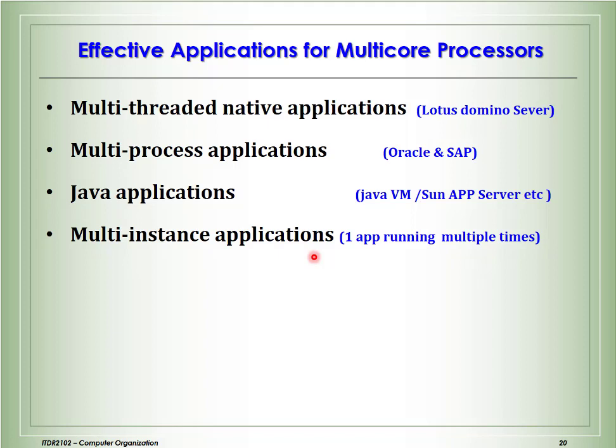For example, if you have Microsoft Word already open on the system tray, hold the shift key and then you can open multiple instances of the Microsoft Word application on the computer. So this is the example of a multi-instance application.